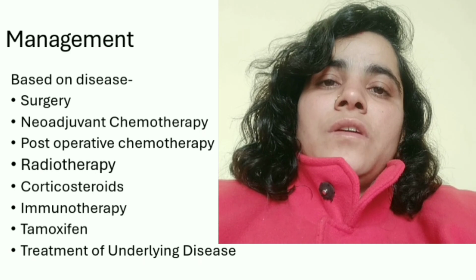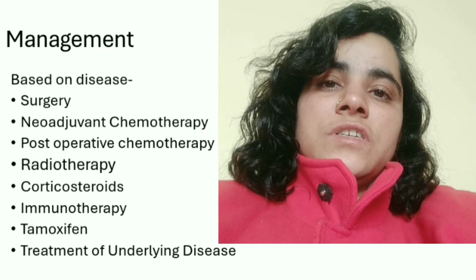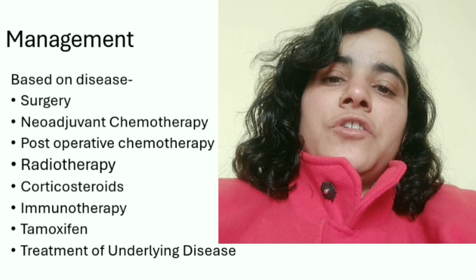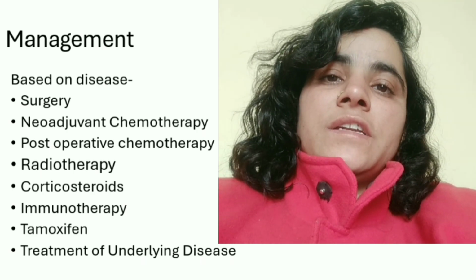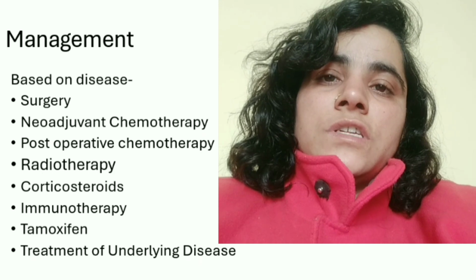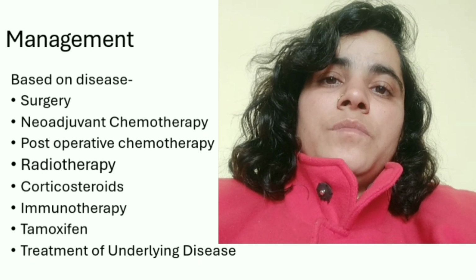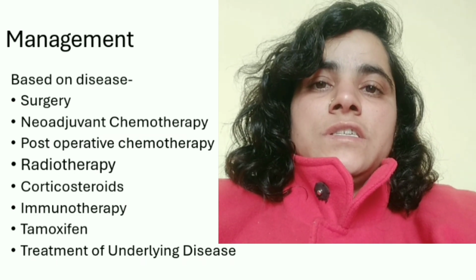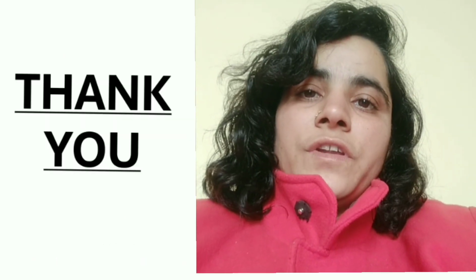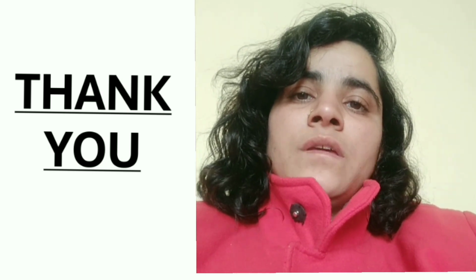Corticosteroid, immunotherapy, or tamoxifen can be used in primary retroperitoneal fibrosis cases and other primary retroperitoneal diseases. Treatment of the underlying disease should be focused in case of secondary lesions in the retroperitoneum because of a known or unknown metastatic disease. This was a general overview of retroperitoneal masses and retroperitoneal anatomy.